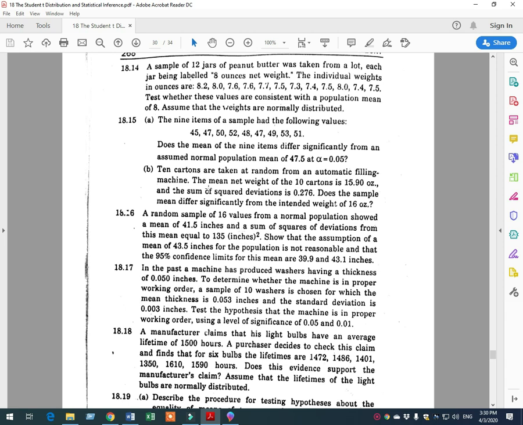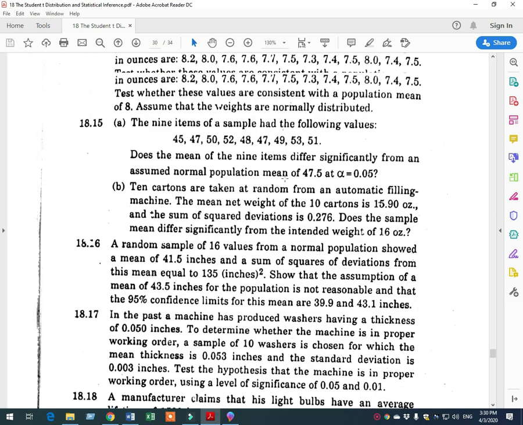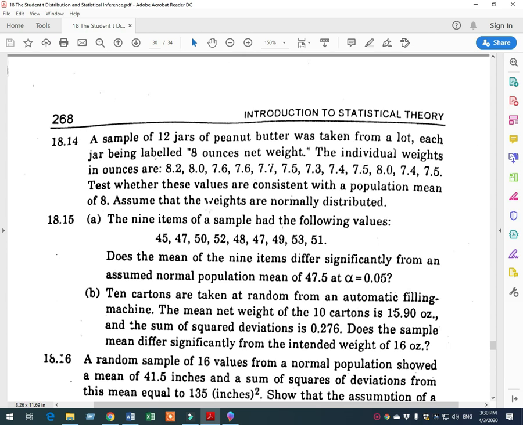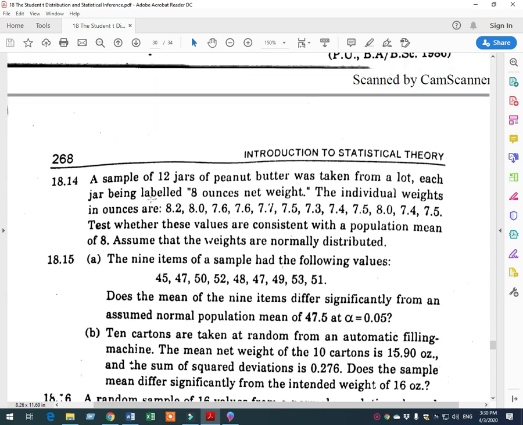So guys, I am going for the first question, that is 18.14. If we see the question in a larger picture, it would be easily visible to us.